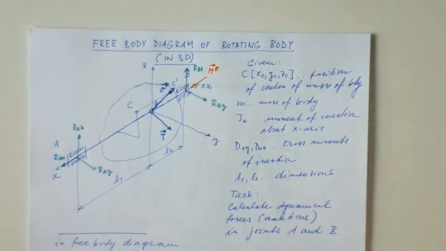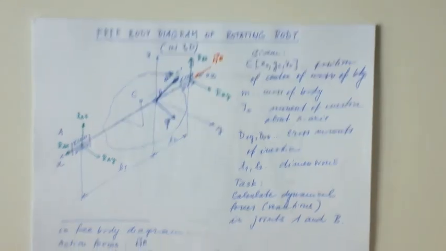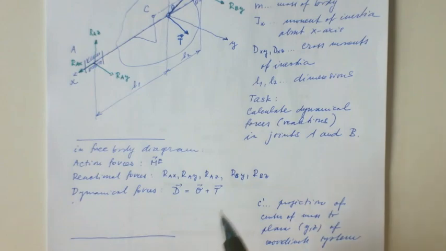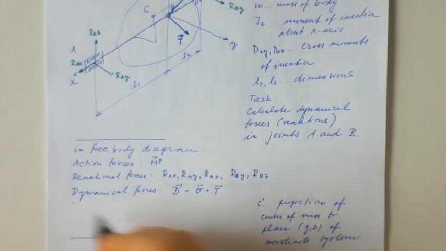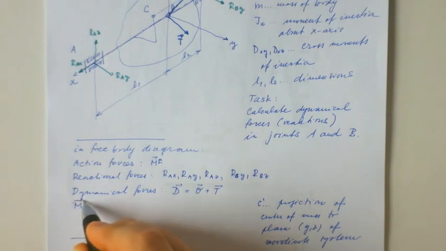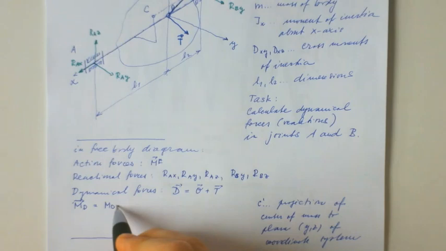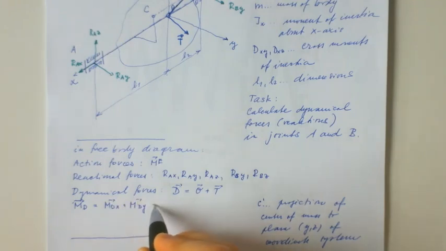And another kind of dynamical effect is D'Alembert's moment. So it is MD, and it is composed from MDX, MDY plus MDZ.